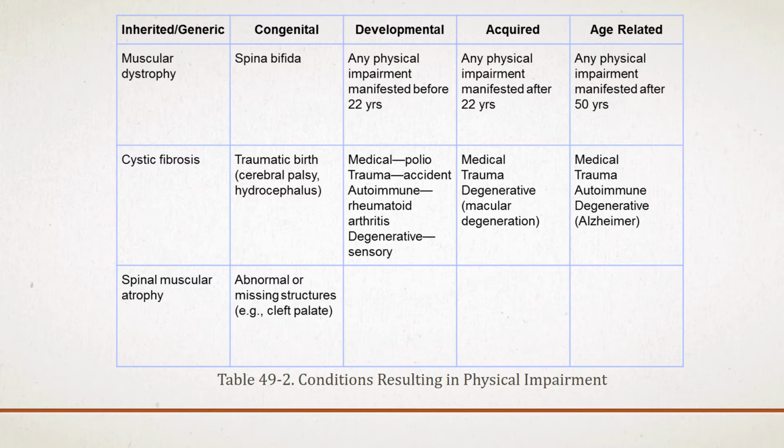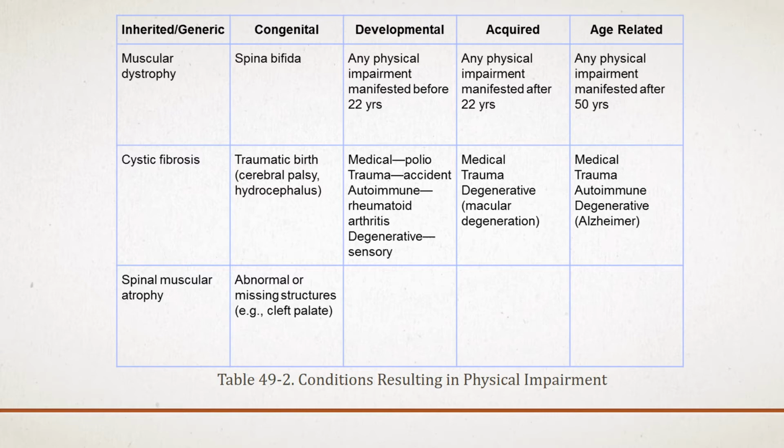Developmental, any physical impairment manifested before 22 years of age. Medical: polio, trauma, accident, autoimmune, rheumatoid arthritis, and degenerative sensory. Acquired is any physical impairment manifested after the patient is age 22.